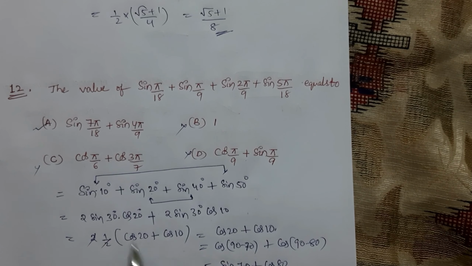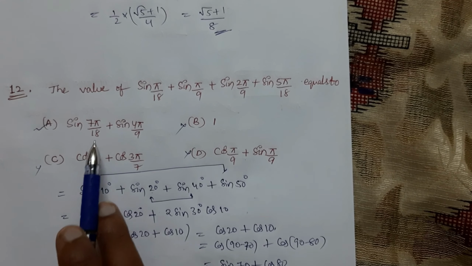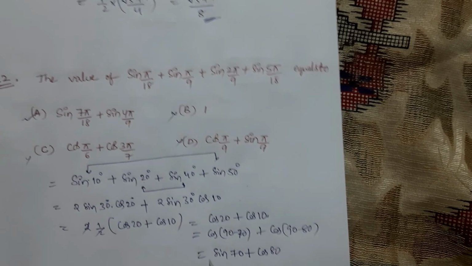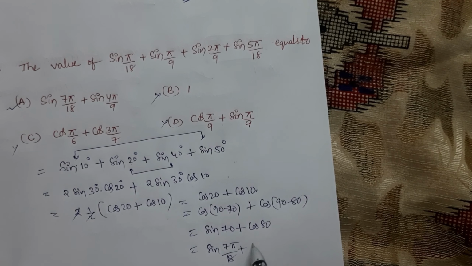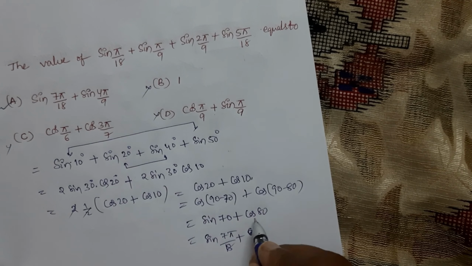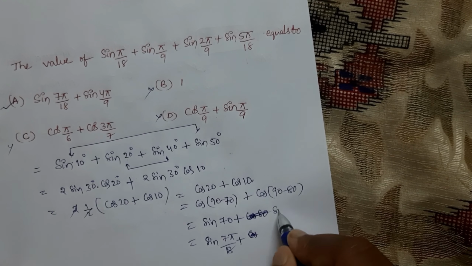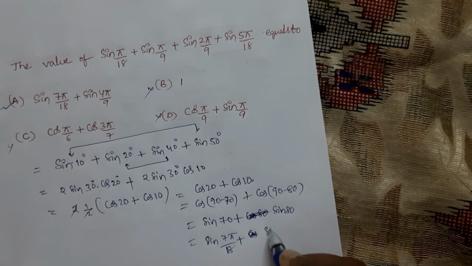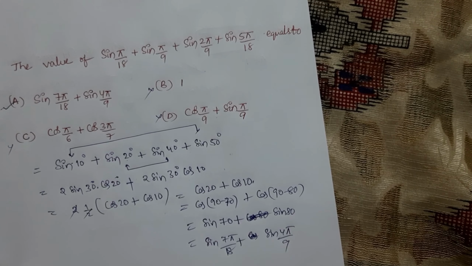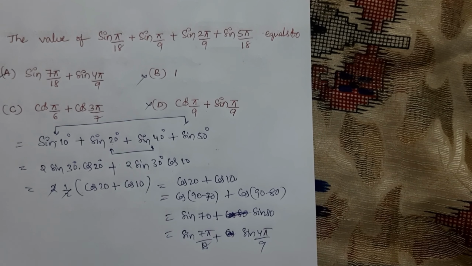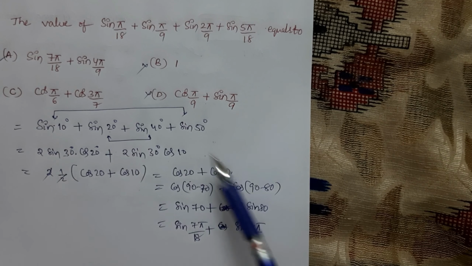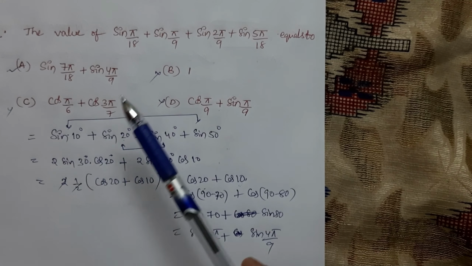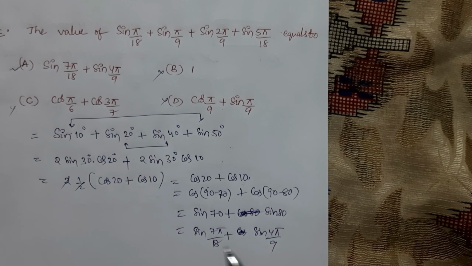If you observe the options, sin 7 pi by 18, 7 into 10 is 70, plus sin 80, which is equal to sin 4 pi by 9. This value is 80 degrees. Like that we need to convert according to the options. Here we got cos 20 plus cos 10, but that is not given in the options, so we need to convert in terms of the options.